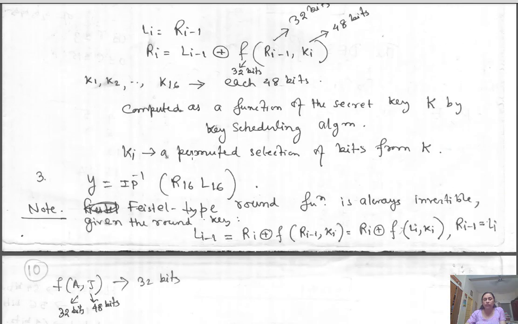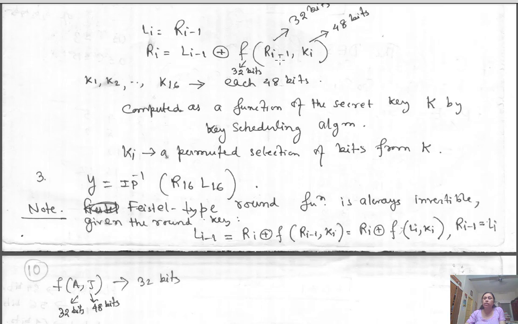This is very easily observed. Ri minus 1 is essentially Li, and you have Li, Ri at your hand. And Li minus 1 is Ri XOR F of Ri minus 1, which is essentially Li.